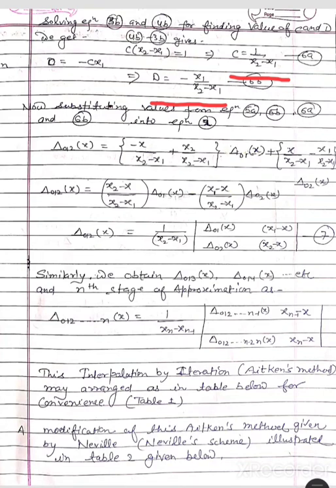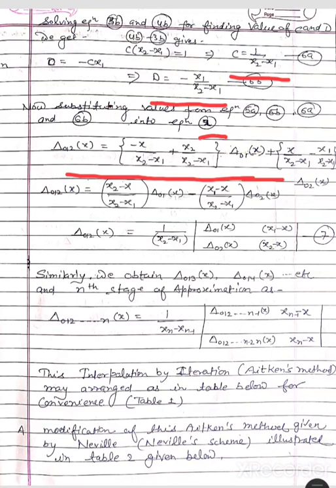Now, substituting all the values of capital A, capital B, capital C and capital D into equation 2, we obtain the expression for delta 0 1 2 x, as here we can see.